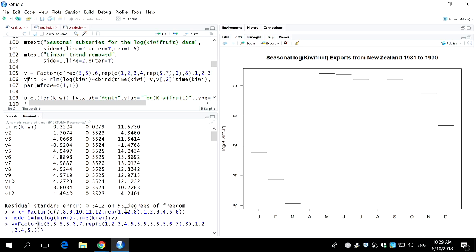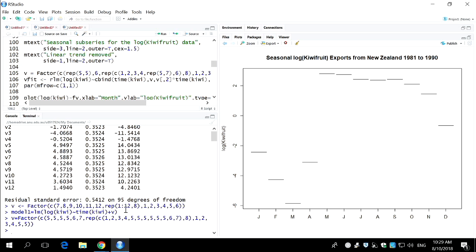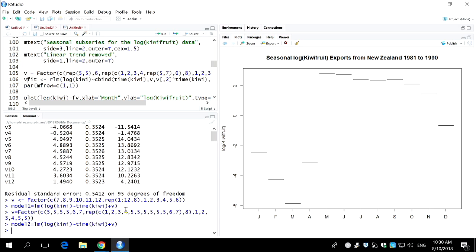People often ask me, lm, rlm, which one do you use? Truthfully, for time series it's not going to matter because there aren't any outliers here, so you might as well have just used lm. I get so used to using rlm that I just do it by rote. So let's refit those using lm. Now let's have a look at summary, Model 1.